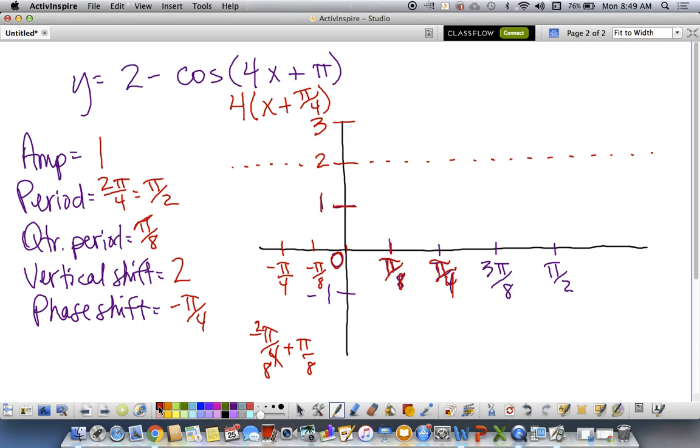Alright, so what is our graph going to look like? I'm going to erase just so I can see my graph a little better. So our graph, where are we starting at? Negative pi over 8. Are we starting at 0? No, why not? It's a cosine curve, so where do we need to start? At 1 or at 3, right? Oh, or negative, so maybe we do start at 1.